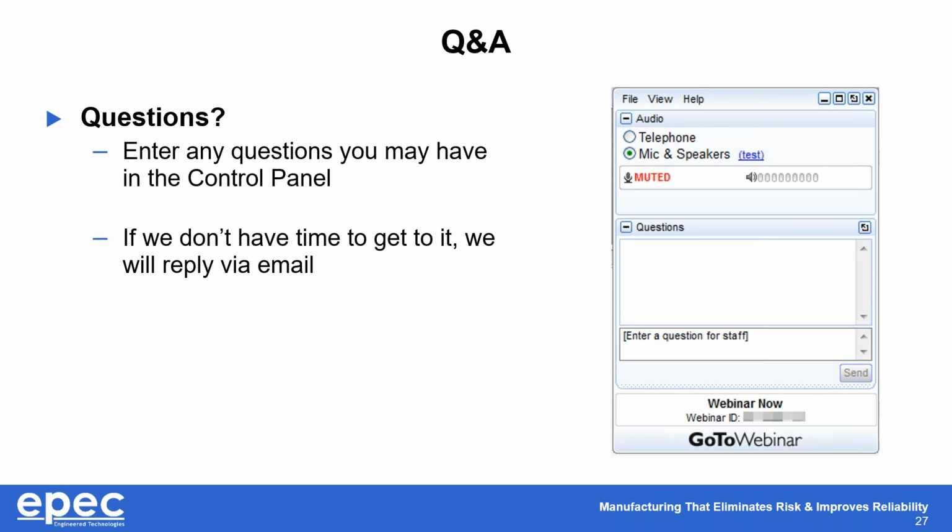We'll take this first one here. What is the easiest way to find out if there are other more readily available laminates for my PCB design? So one of the things that we work with our customers on, if you've got a laminate that you built your design on and you're struggling to get the laminate, what we ask you to do is send us the data sheet and highlight the specific characteristics of that data sheet that are most important to you, whether it's the DK or whatever value it is.